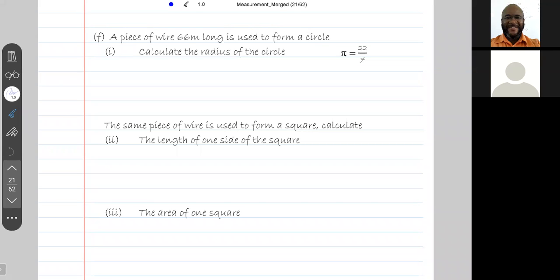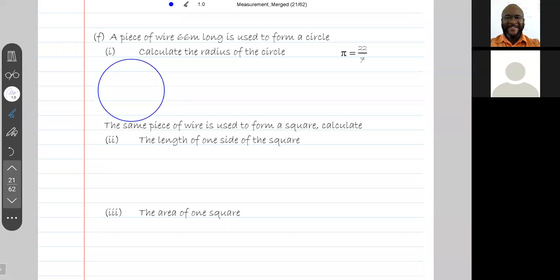All right, so F says a piece of wire of length 66 meters long is used to form a circle. So this is a very, very long piece of wire because it's 66 meters. So this is used to form a circle. So the blue thing that you're seeing here, the blue line, that is what?